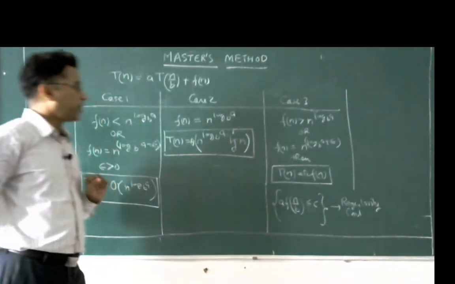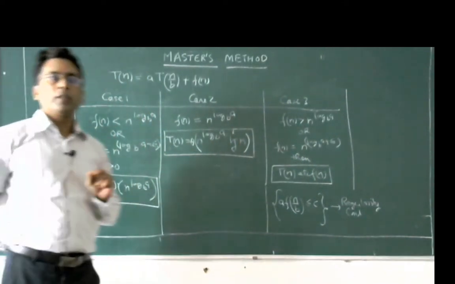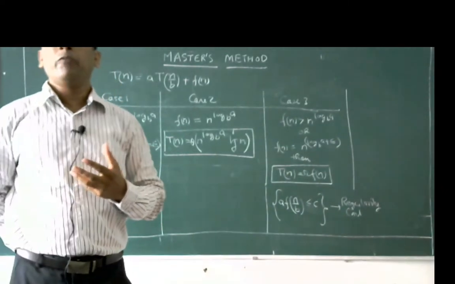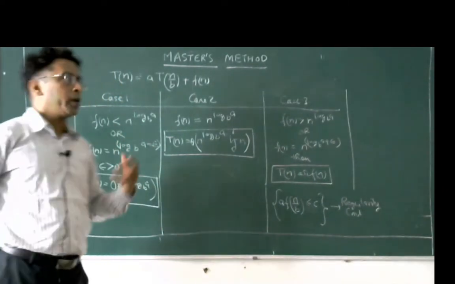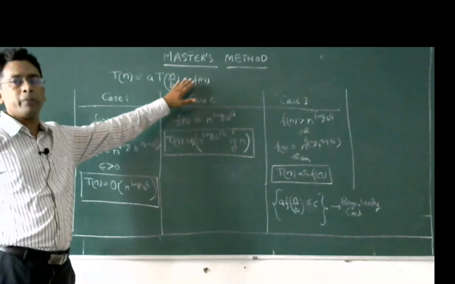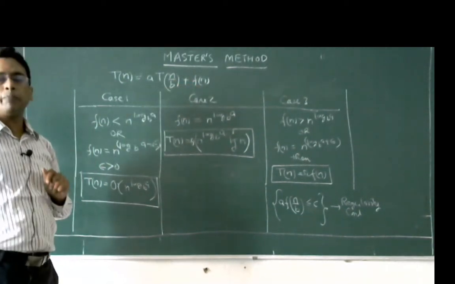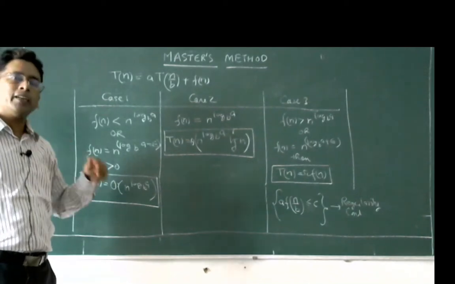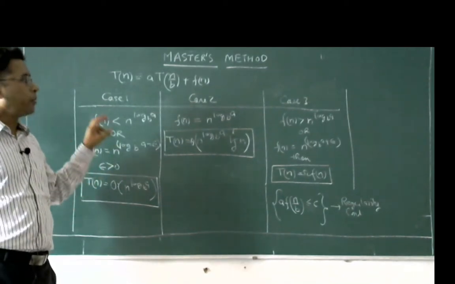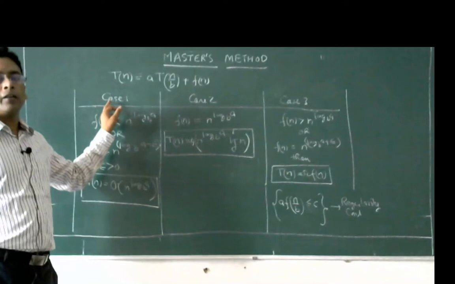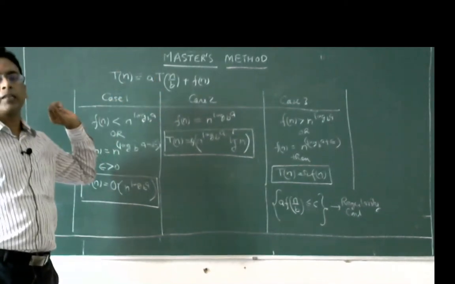Summarizing all this, the Master method can be applied over a formula written in this format: T(n) equals a T(n/b) plus f(n). In this type of formula, we can directly derive the complexity on the basis of the case in which the equation lies.